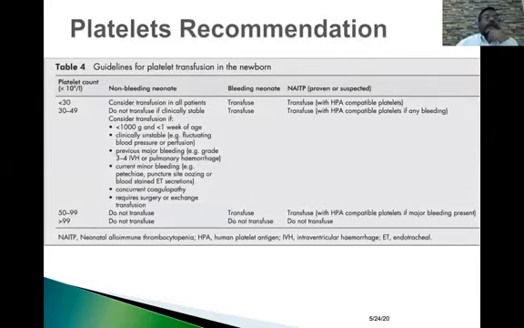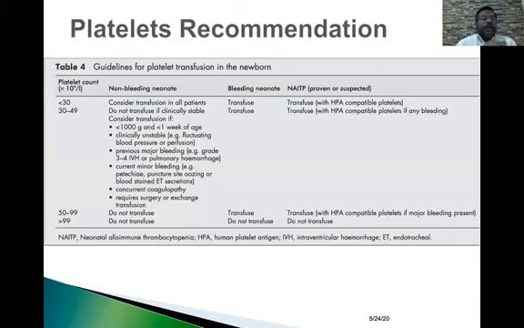So the recommendation on the basis of all that is clearly divided into non-bleeding neonate, bleeding neonate, and neonatal alloimmune thrombocytopenia. I'm not touching too much on NAIT because it was discussed yesterday. NAIT babies actually bleed much more than non-NAITs with the same platelet levels.